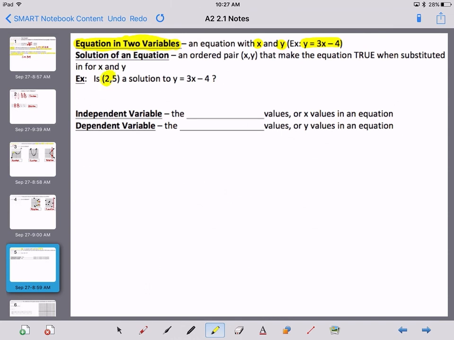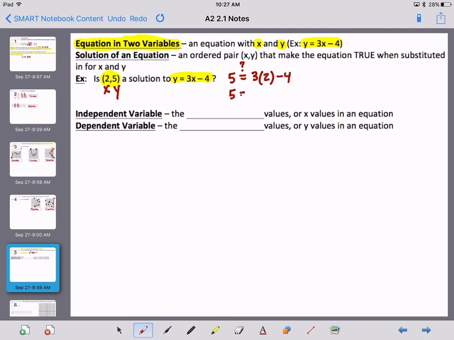So we're going to figure out, is (2, 5) a solution to that equation above, y equals 3x minus 4? We're going to plug in 2 for x and 5 for y and see if that gives us something that makes sense. If we substitute, we get 5, and we want to see, is that equal to 3 times 2 minus 4?